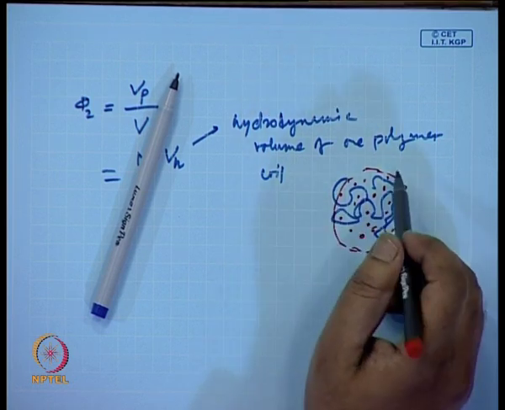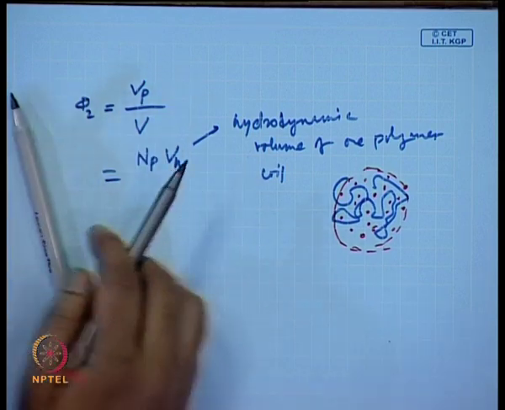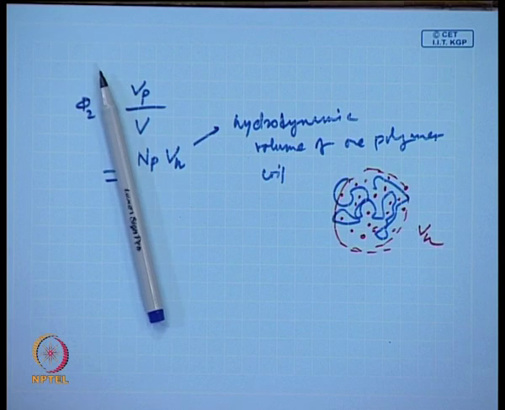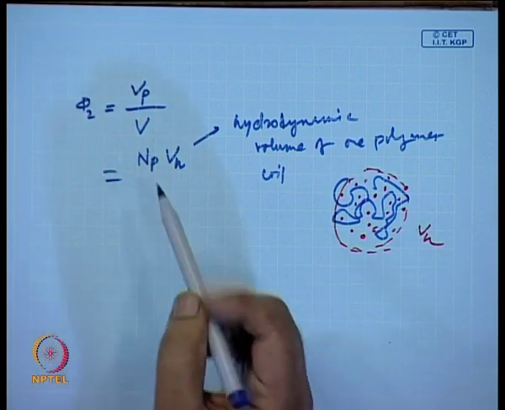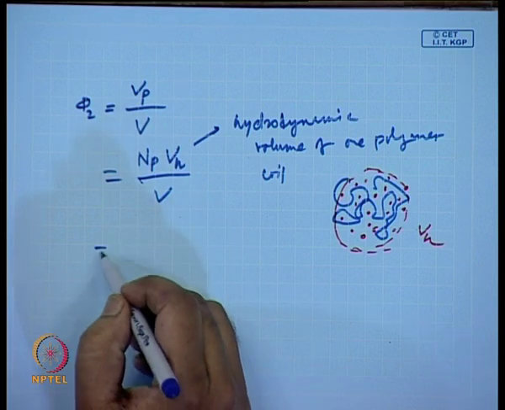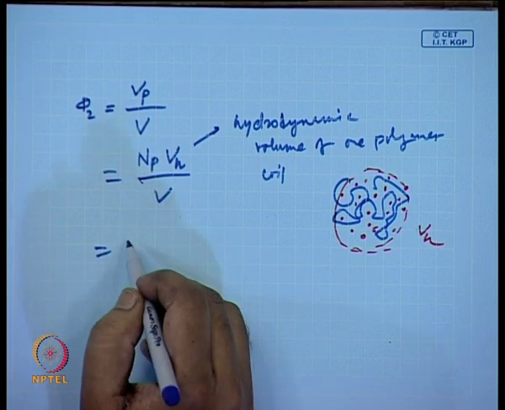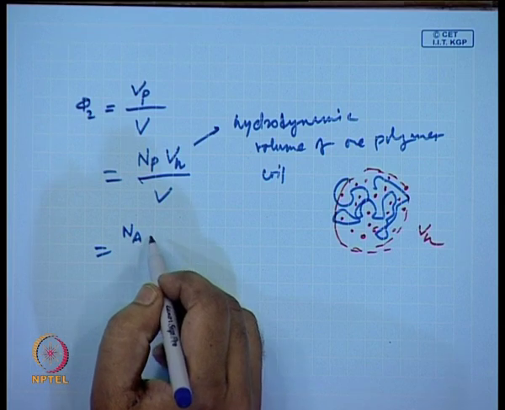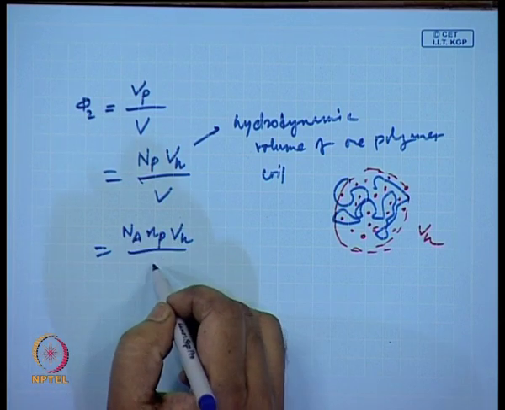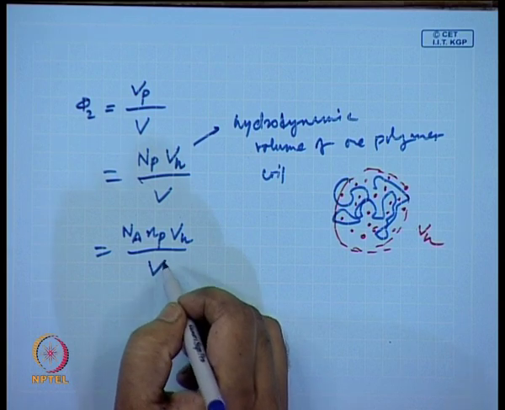So VH is the volume of that sphere, divided by total volume. The number of particles is the Avogadro number multiplied by moles of polymer.